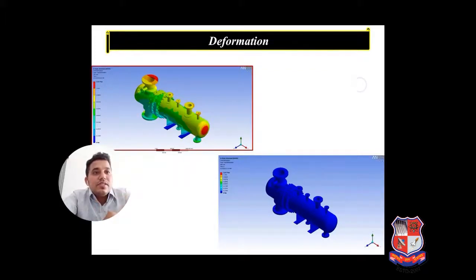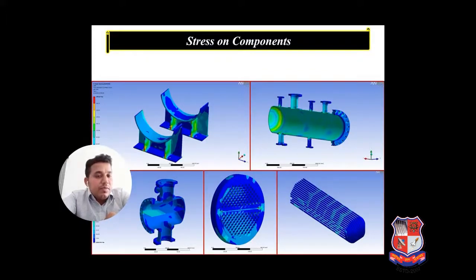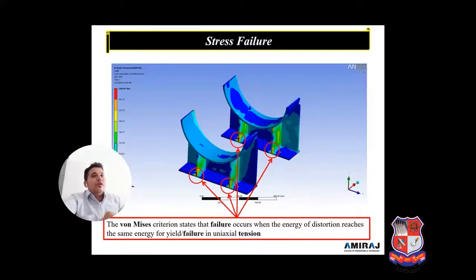As per this deformation, this is the partial deformation of each and every component. Have you observed that this is the failure? We are doing the von Mises stress analysis, and failure occurs when the distortion energy reaches the same energy as for yield failure in uniaxial tension.